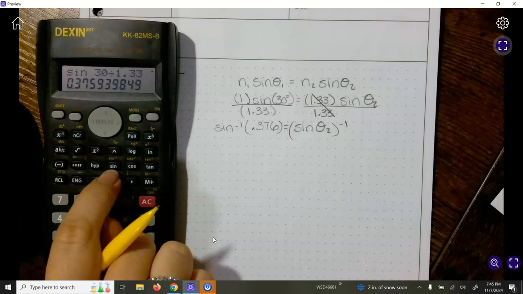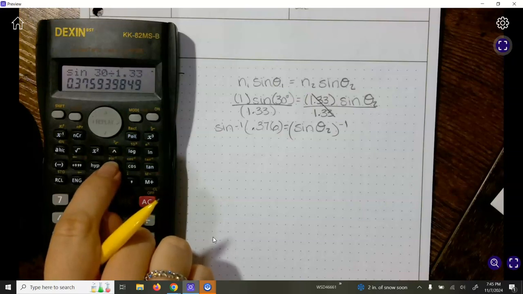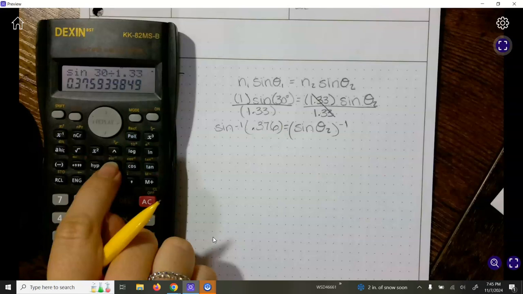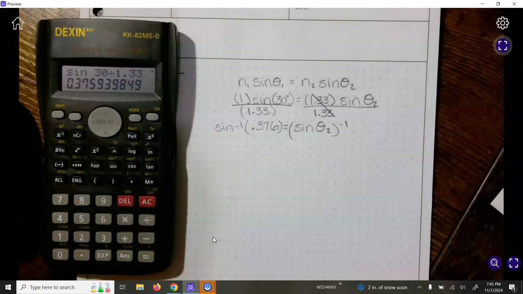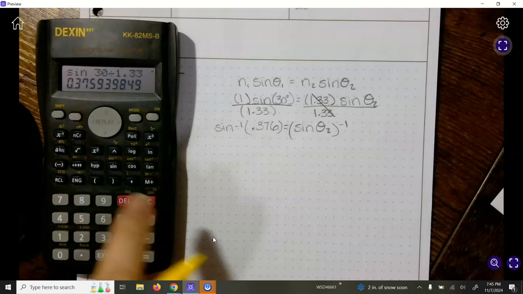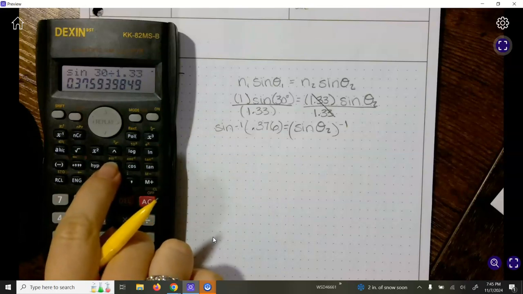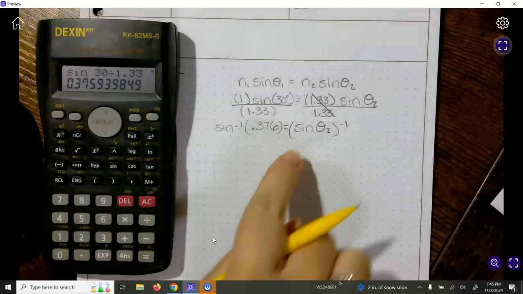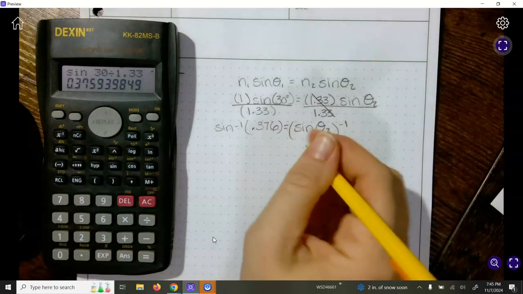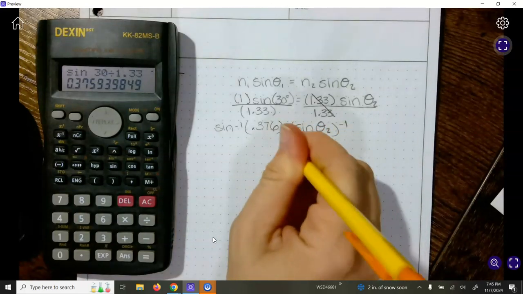So see how sine is right here? Sine to the negative 1 is the inverse. It's just the opposite of sine. It's the anti-sine. Kind of like, you know, we have a good guy and a bad guy. The good guy is sine, and then the anti-good guy is the bad guy, and that's anti-sine or inverse sine. So what we're going to do is inverse sine of theta 2, that's just going to give us theta 2.